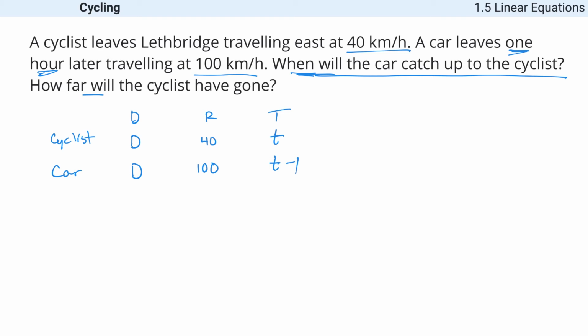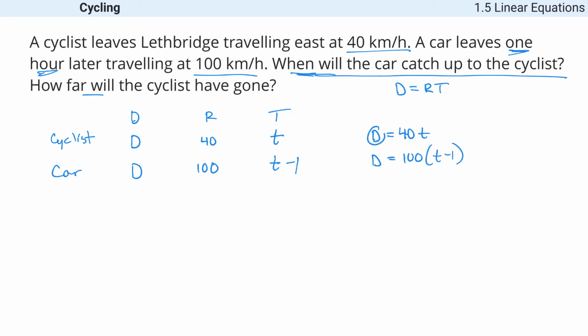In this first one, and that's one of our formulas from the other page, there's a formula, distance equals rate times time. So for the cyclist, the equation I would get would be d is equal to 40 times t. And for the car, it would be d is equal to 100 times t minus 1.